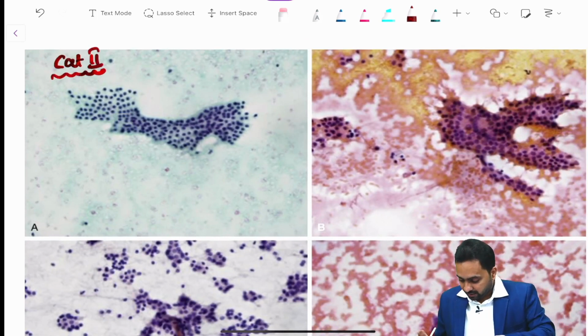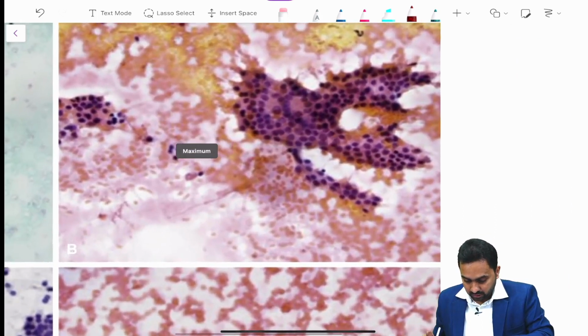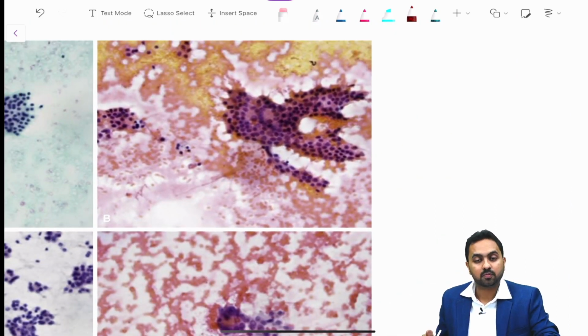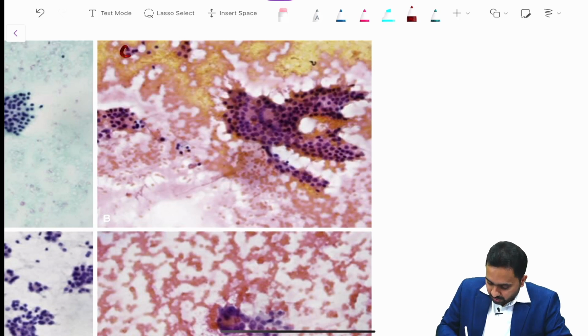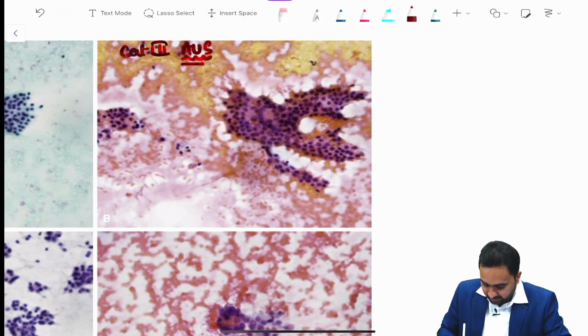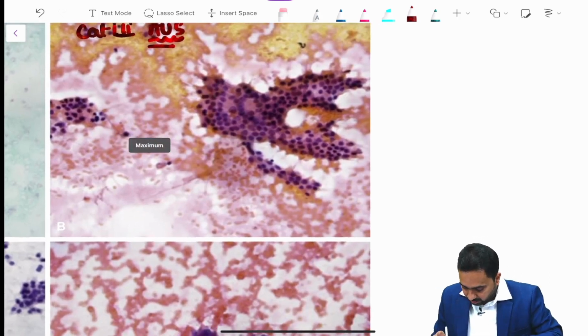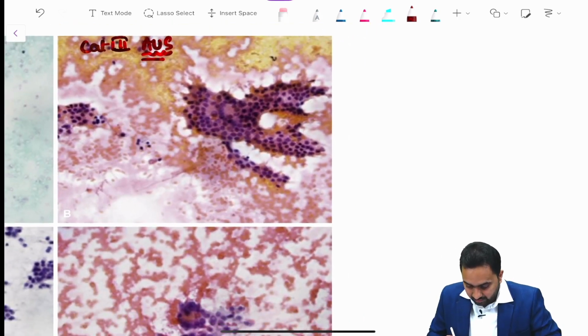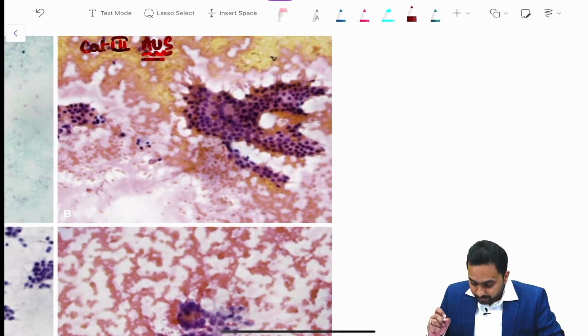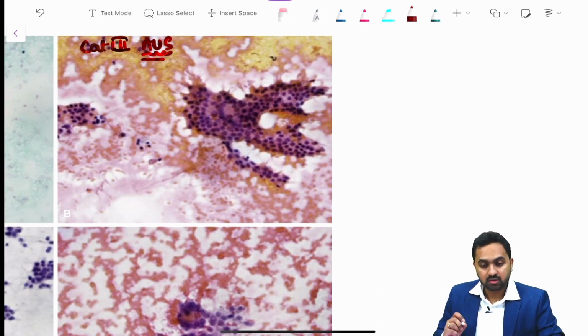Then we have this image B. So, if you see in the image B over here, which is your category 3 or atypia of undetermined significance, the follicular cells are arranged showing the nuclear enlargement of most nuclei, right.